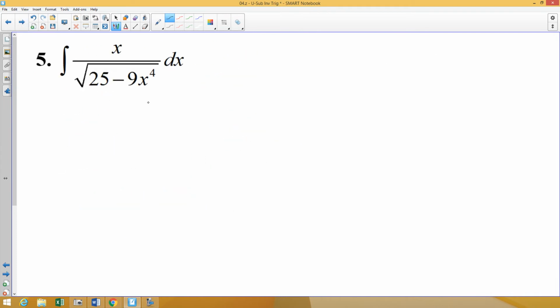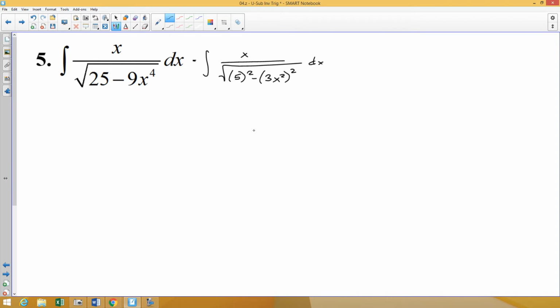So moving on, that was 4, here's 5. Same thing, I see a square root of something minus something, and now they're both ugly. So what I'm going to do here is rewrite it as x over, and 25 is 5 squared, minus, and 9x to the 4th is the same thing as the quantity 3x squared squared.